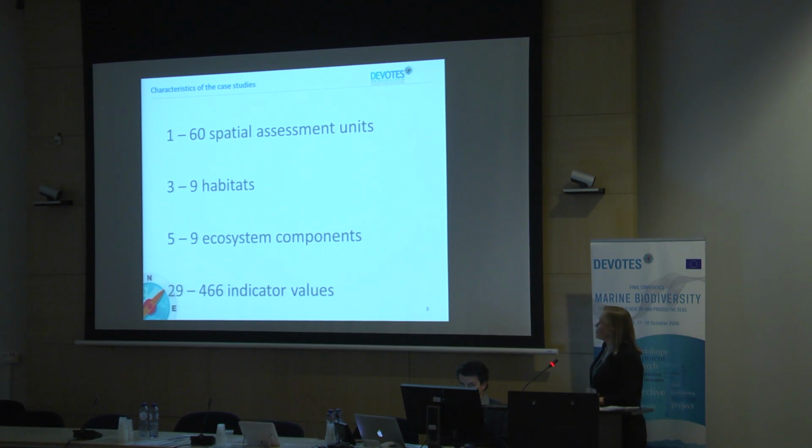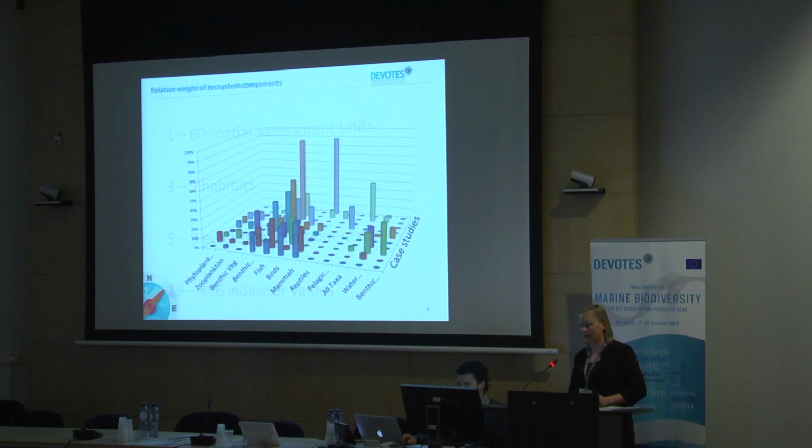These are just very quick statistics. The number of spatial assessment units ranged from 1 to 60, and we had 3 to 9 different habitats, etc. So they were really quite heterogeneous. This figure shows the different case studies going upwards, and across you have the different ecosystem components.